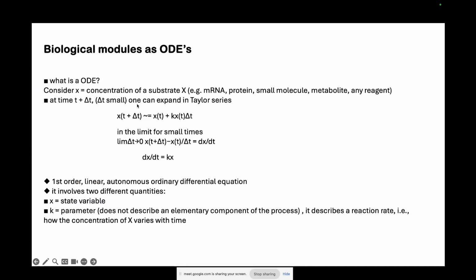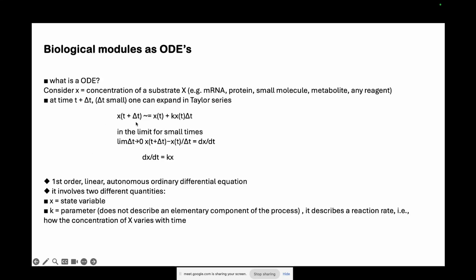This is basically the expanded Taylor series for dx/dt. So x of t plus delta t is given by x of t plus k times delta t. K is basically the slope of the curve at that particular point.